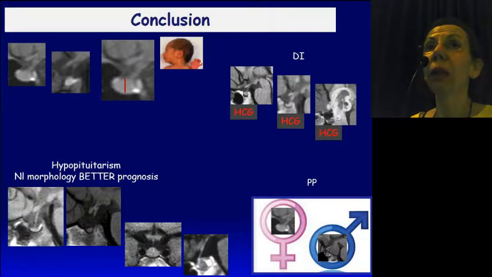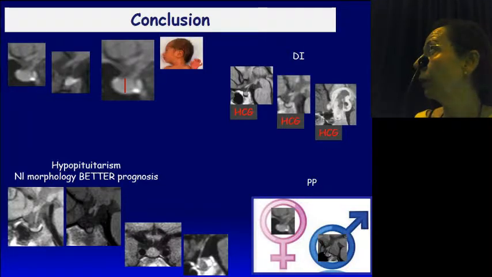If it is a neonate, a very young child, don't forget that the anterior lobe is bright because of the immaturity of the different feedbacks between the pituitary gland and the organ targets. Don't forget to measure the pituitary gland height. This is very important, and it is very easy to do.